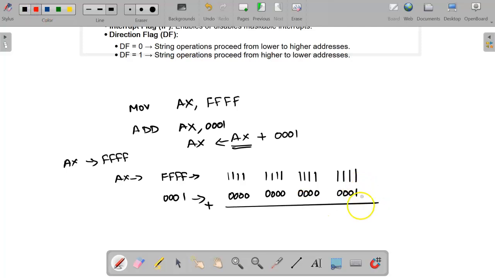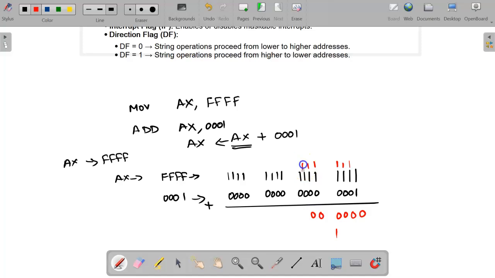So 1 plus 1 is 10. So you have 0 and then carry 1. Again 1 plus 1 is 10. Again 1 plus 1 is 10.